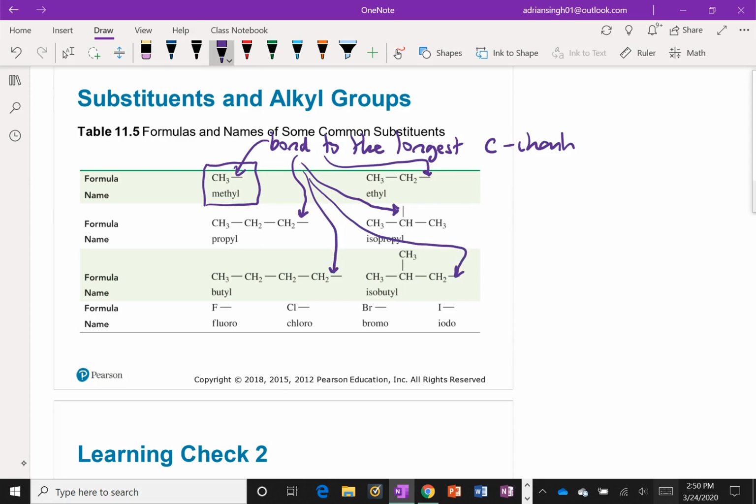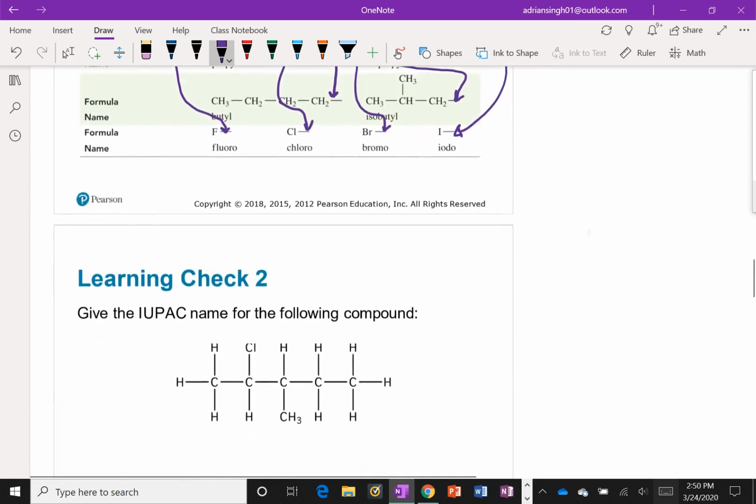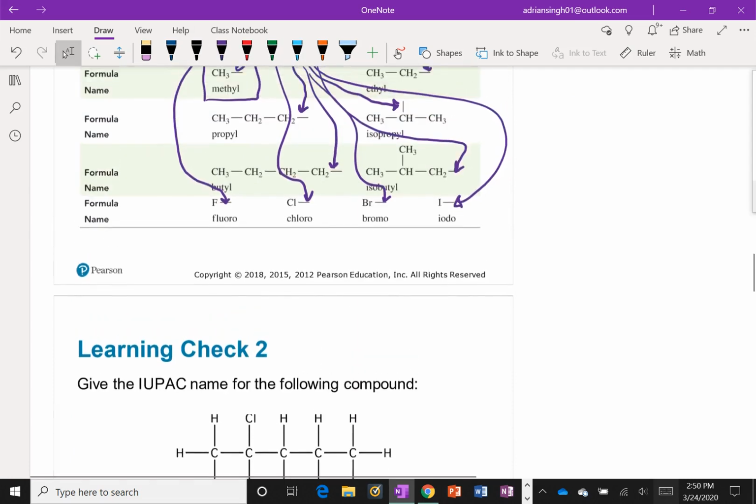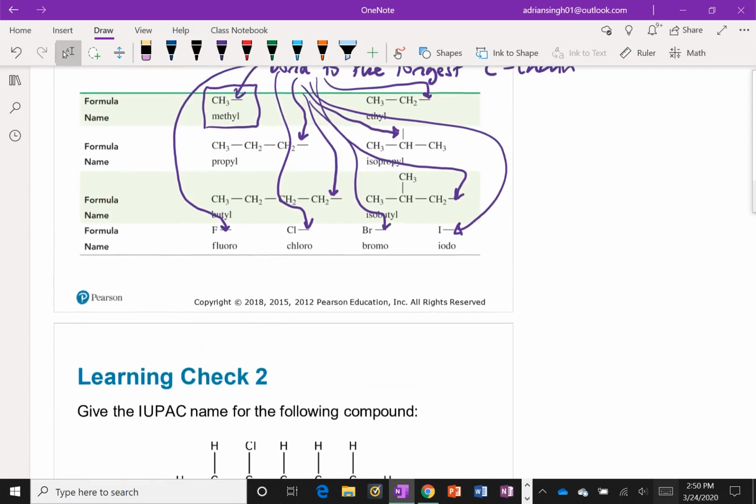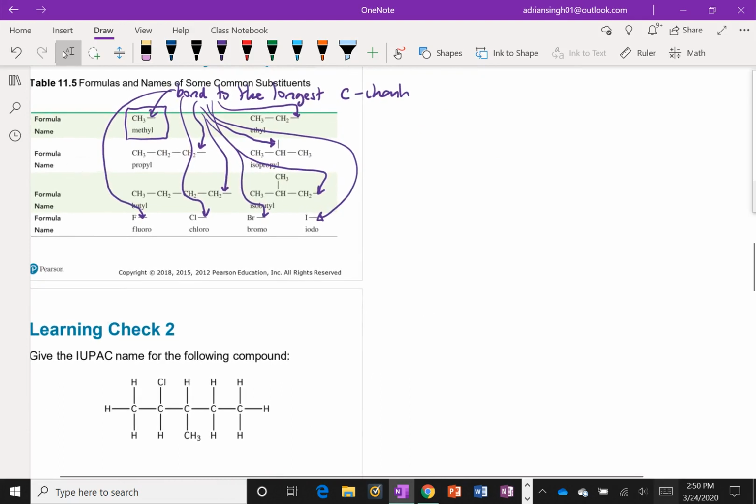All right, and then for the halo ones, same thing applies. There's that bond that's connected to the longest carbon chain. I know this looks a little messy, but I just want to make sure that you know what those lines actually mean, because they can be slightly confusing, especially at the beginning. So when we have these substituent groups, or these branches, we need to incorporate those into the name.